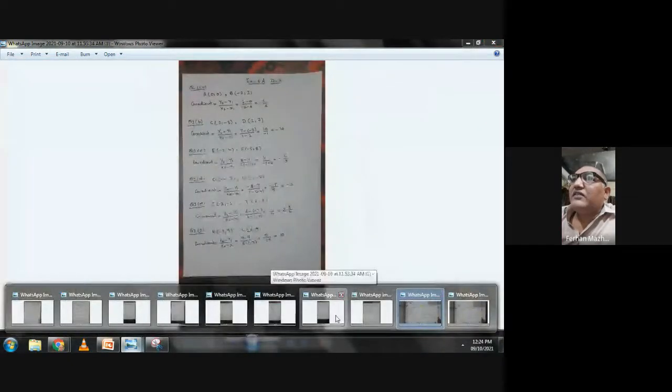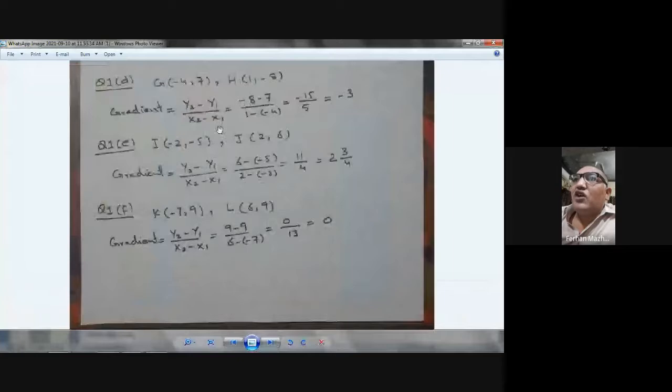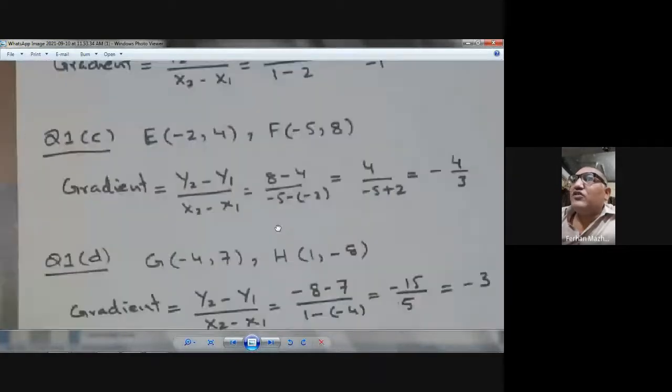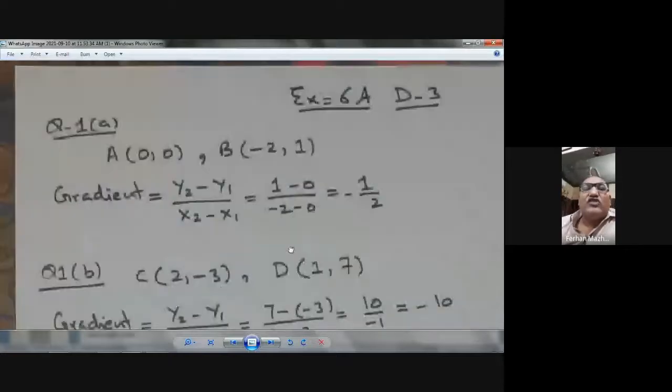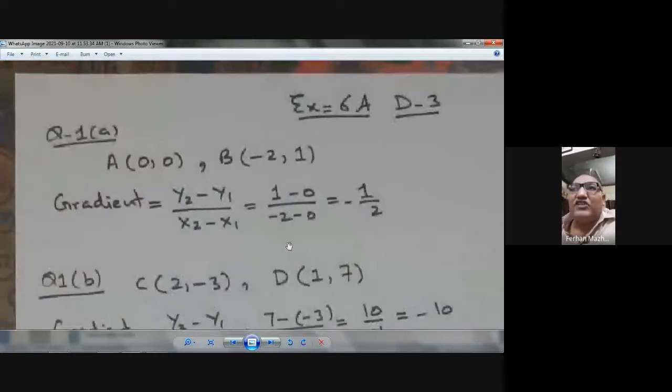Here we have question number one. On your screen, you can see question number one is showing up. First part, the A part. The value of A is given. It says 0, comma 0. And then we have B point minus 2, comma 1.